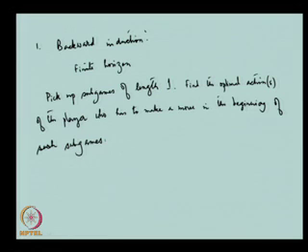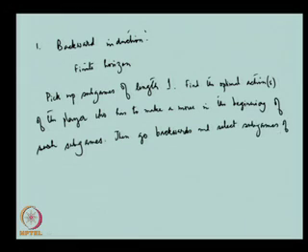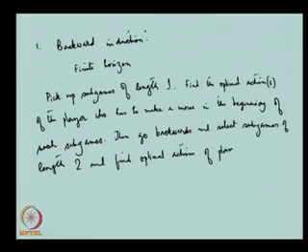So we pick up all the subgames of length 1, then find out what is the optimal action or actions of the players who are to make a move in the beginning of such subgames, then go backwards and select subgames of length 2 and find optimal actions of players who are to make a move in the beginning of such subgames.